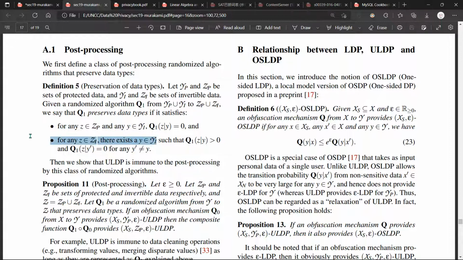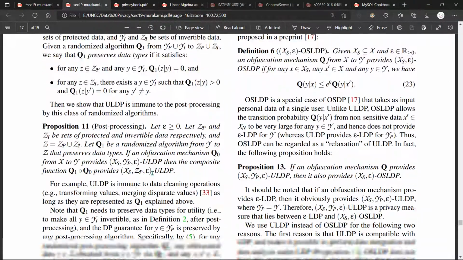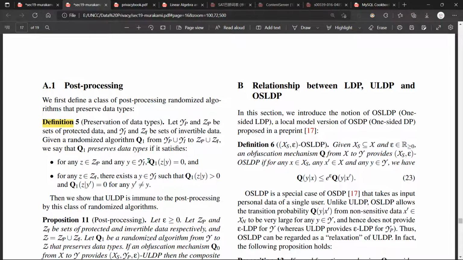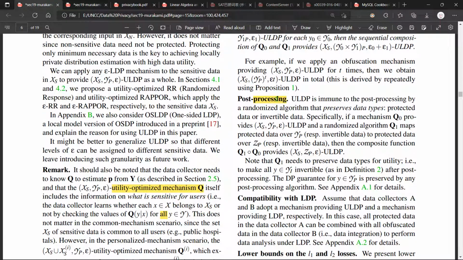Because it is invertible, there's no guarantee for the data privacy. Then we show that ULDP is immune to the post-processing by this class of randomized algorithms. You feel me? So this is post-processing.